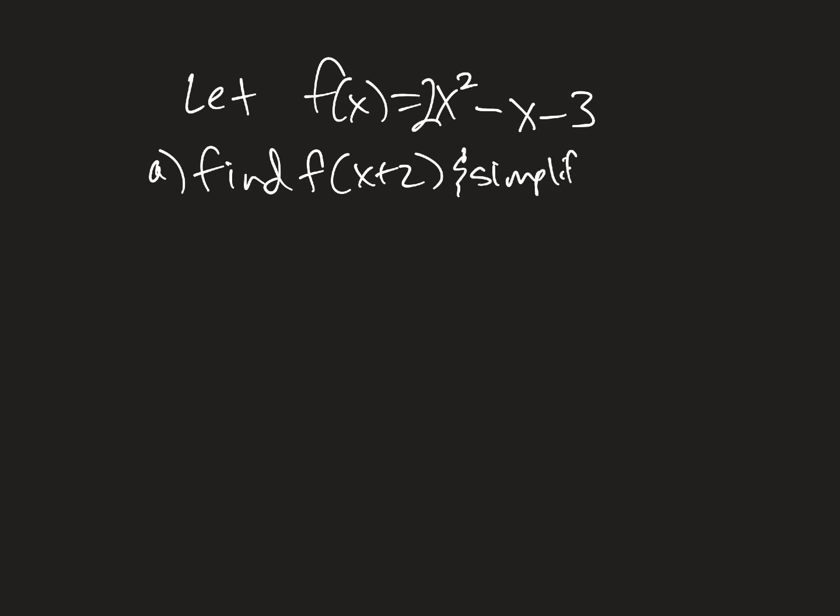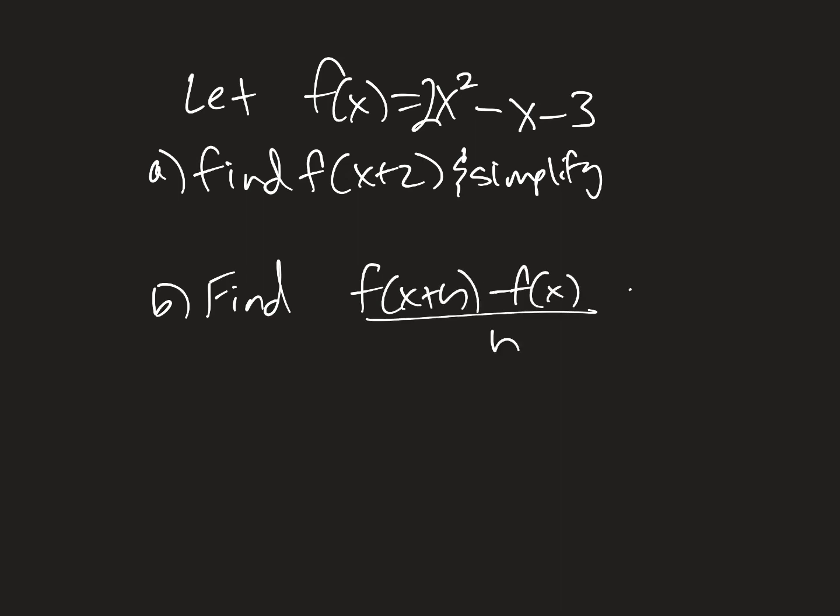And the second question is find the difference quotient, which is f of x plus h minus f of x over h, and simplify. Okay, so I'll go over this, and you can pause if you want to do it.